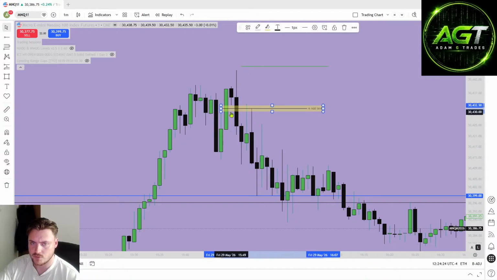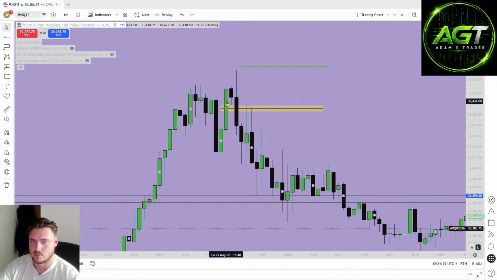Okay. So if there are two overlapping concepts where you have one inverse fair value gap and a fair value gap, I'd like to see it trade up to the highest one if we're starting off, which it does here. Perfect. Because we're trying to get in at that very high price.